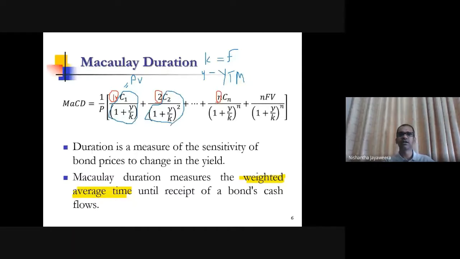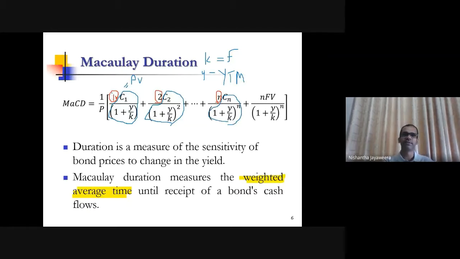So all these are the present value of the cash flow. So we weight this time, and once we add all these present values, what do we get? Price. So the present value divided by price, that is the weight.